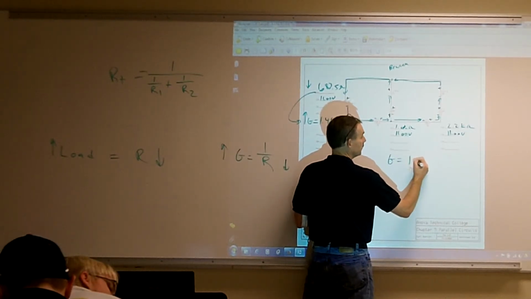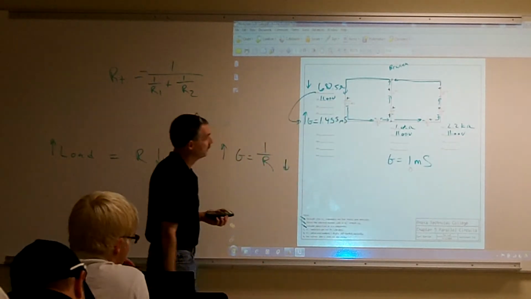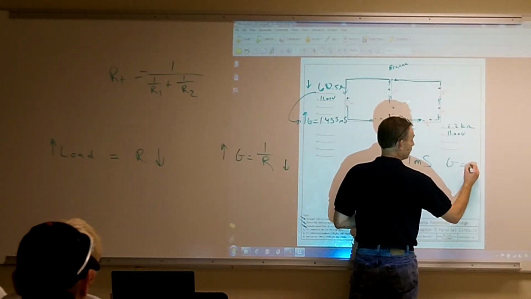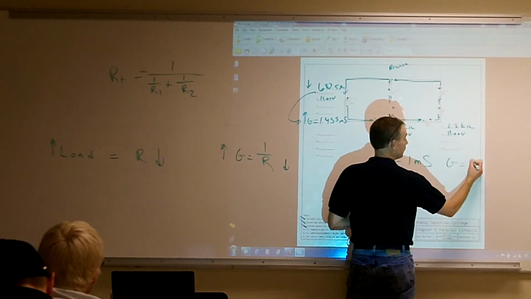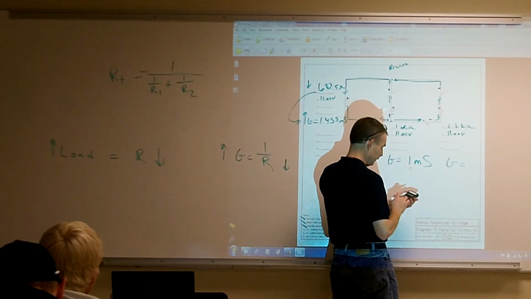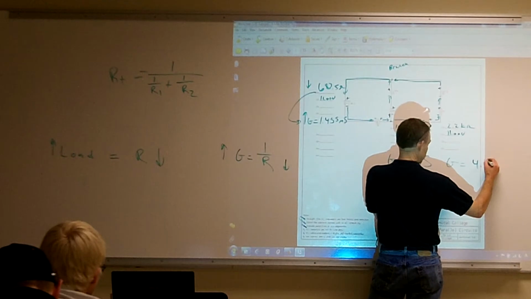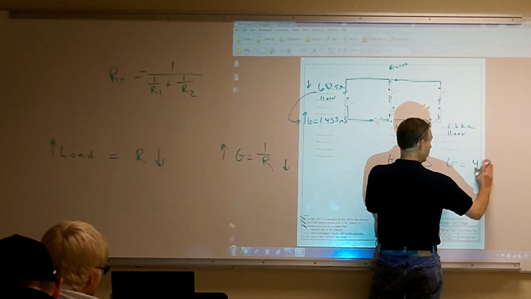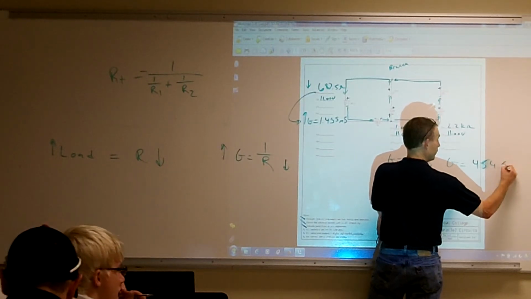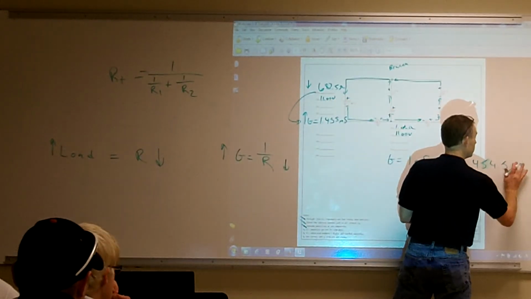What is it? 0.001. 1 millisiemens. Okay? And then what's my conductance of R2? 454.5 microsiemens. Yeah, microsiemens.